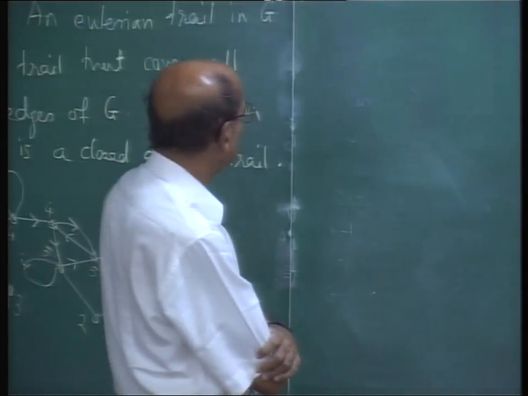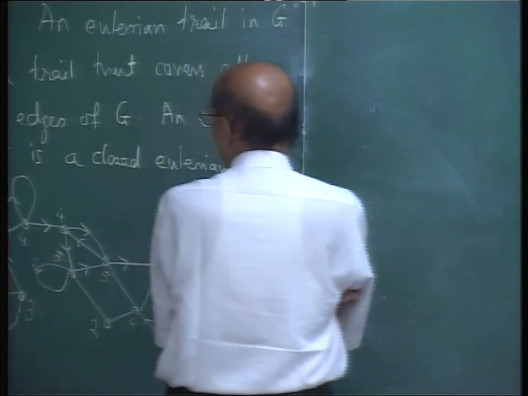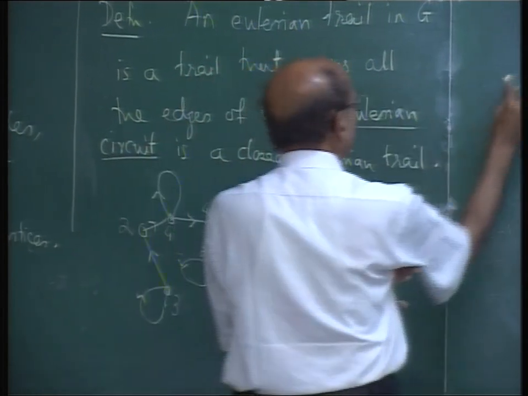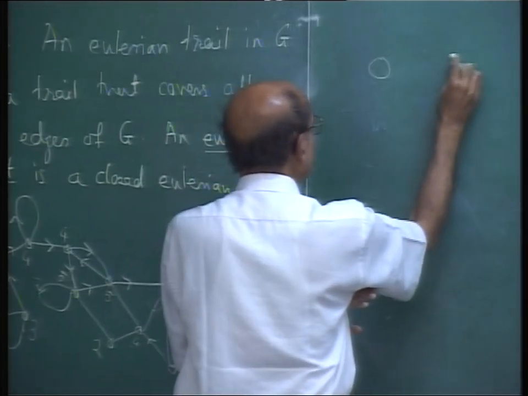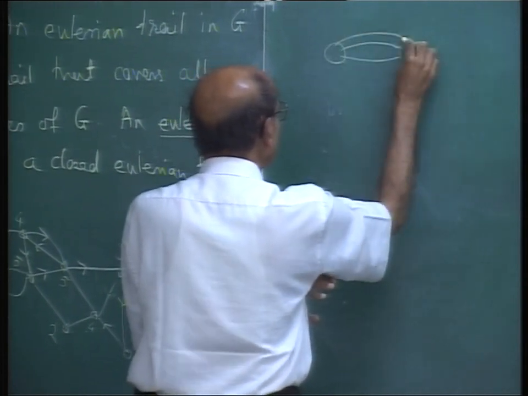Where did this whole thing come from? So there is a historical reason for calling it Eulerian. This is the famous seven bridge problem.